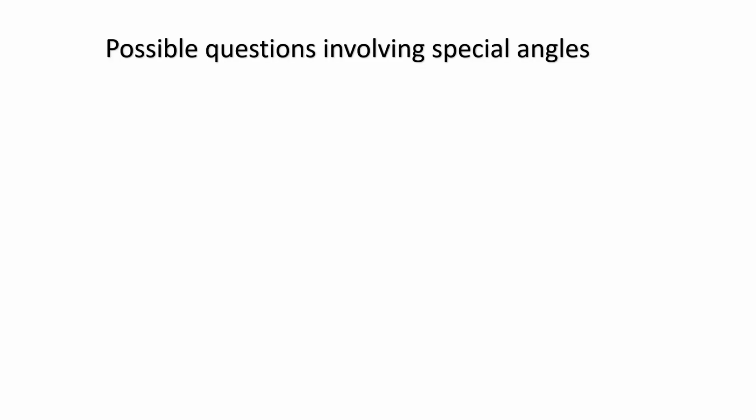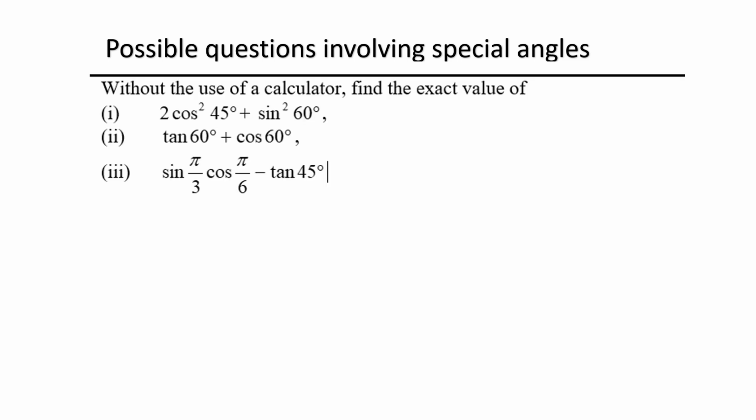Right, so what are some possible questions involving special angles? For example, you are asked to find the exact value of all the questions that have been stated there, and it says without the use of a calculator. So what does it mean by saying without the use of a calculator?